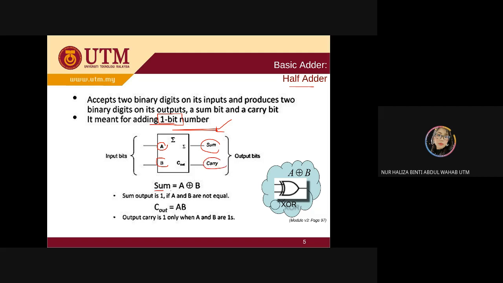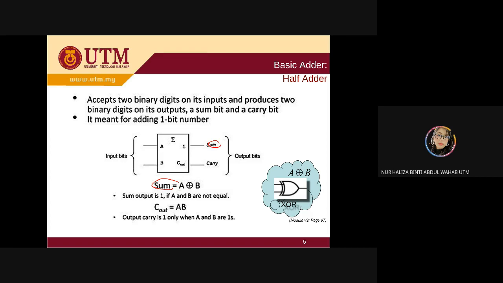And this is the Boolean equation, which is sum equals A, what is this symbol, with B. This one is basically the XOR. It looks like an XOR gate with input and output. This is only for sum, you can see here.